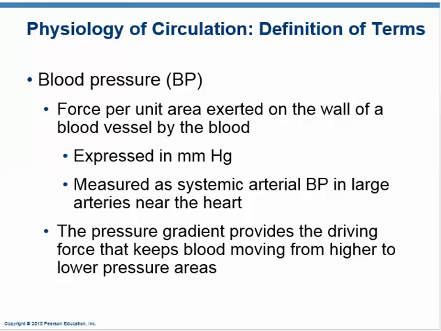It's the blood pressure that actually keeps the blood moving. What drives blood through the circulatory system is delta P. It's the difference in pressure between a high pressure area and a lower pressure area. The greater the delta P, the more the blood flow.